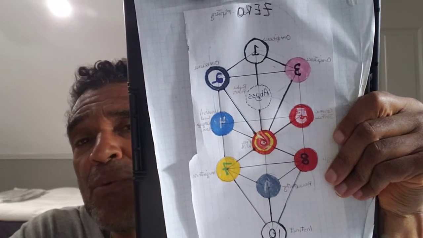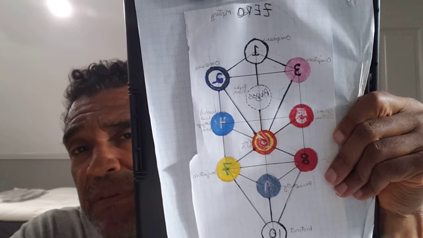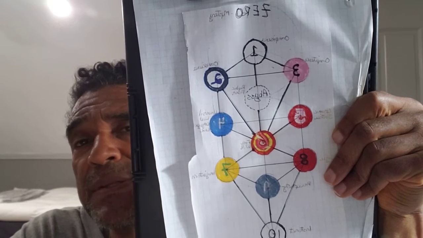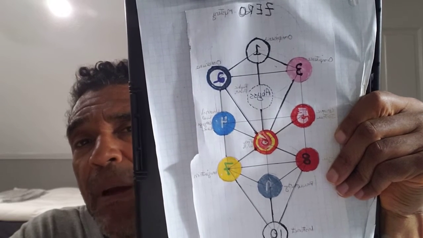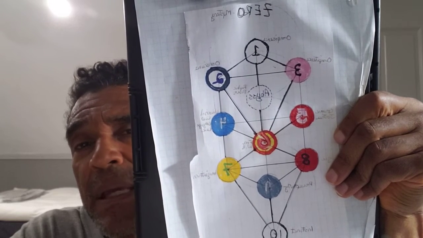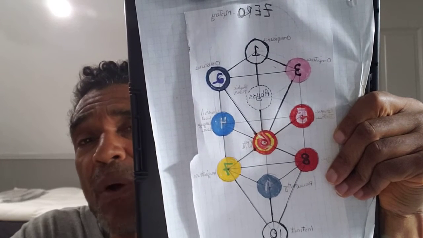So we cannot directly perceive the 0 sphere. It is something that is outside of our ability to perceive, but we can perceive it indirectly. It's part of the Creator.